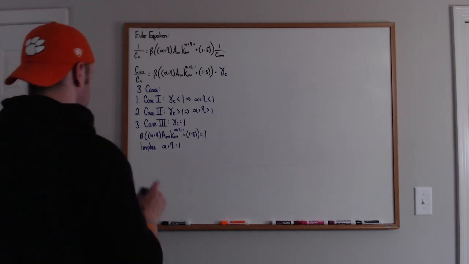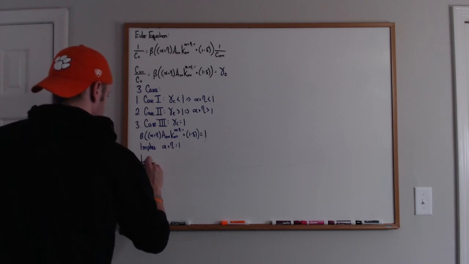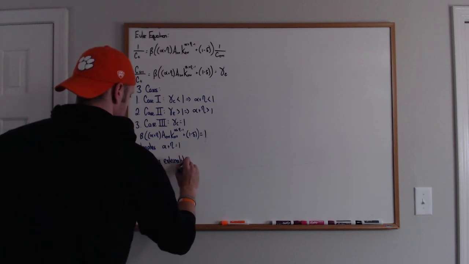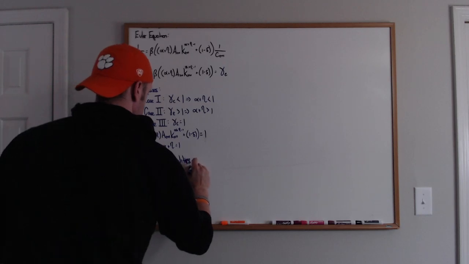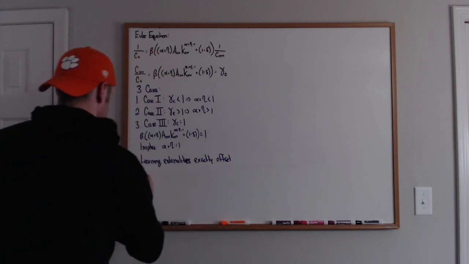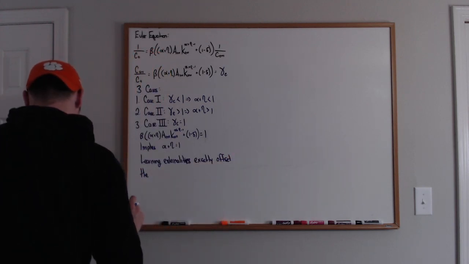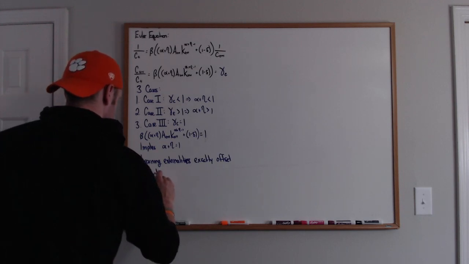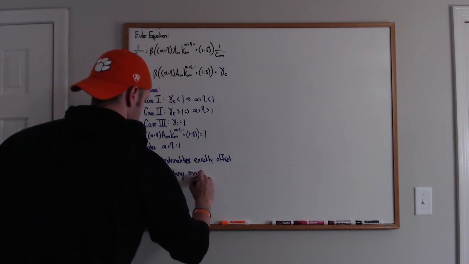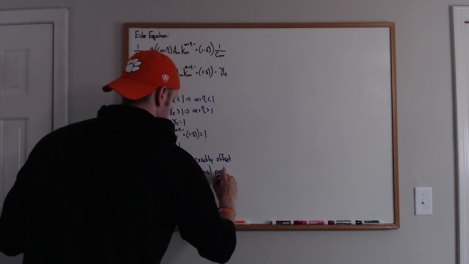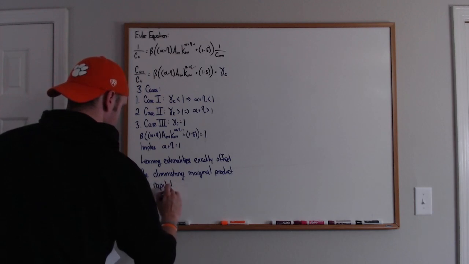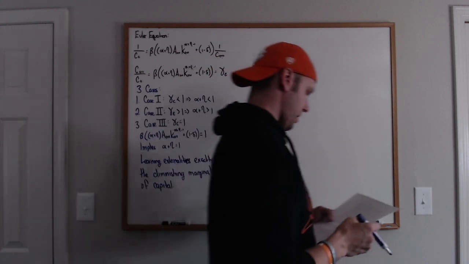In this case, learning externalities exactly offset the diminishing marginal product of capital.